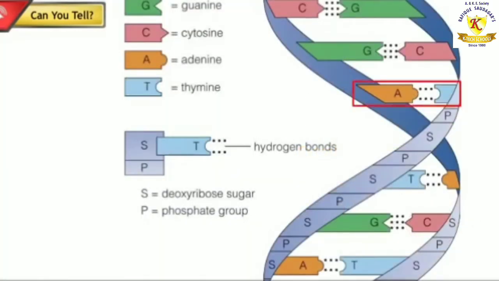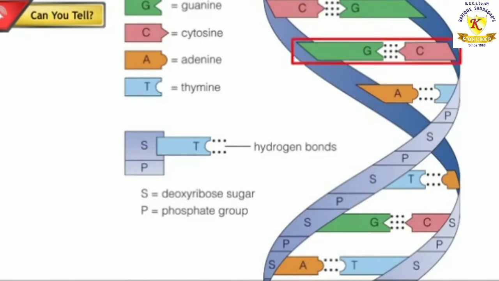Adenine will always pair with thymine with double hydrogen bonds, while cytosine will always pair with guanine with triple hydrogen bonds. The helices remain bound due to these hydrogen bonds. Understood, children?